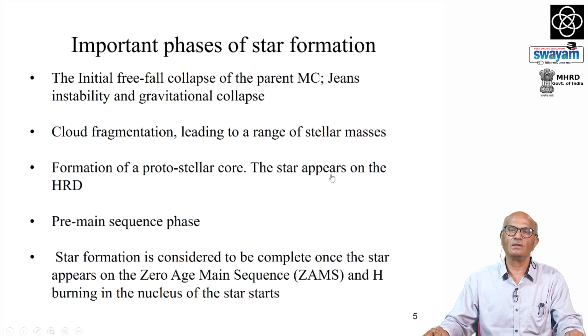At this stage, the star appears for the first time on the Hertzsprung-Russell diagram, and that is what we call the pre-main sequence phase. Once it appears at this stage, its further evolution is not dependent on the process of star formation, and also not depending much upon other physical conditions of the star.